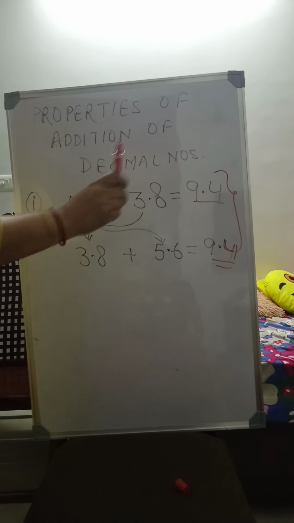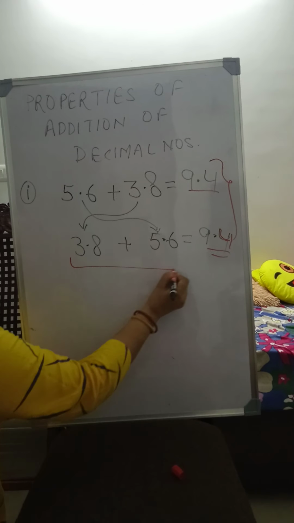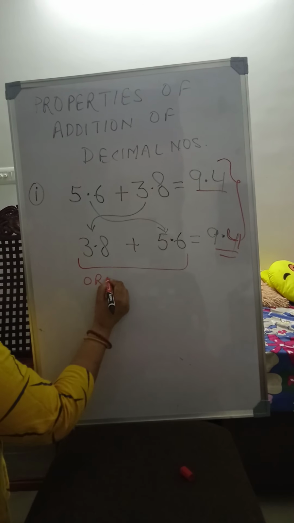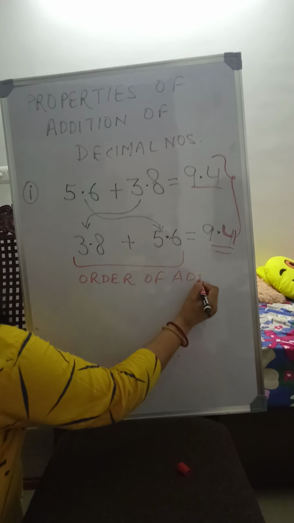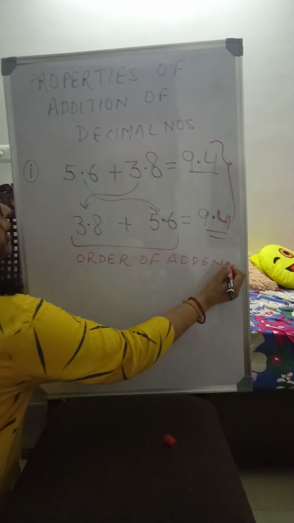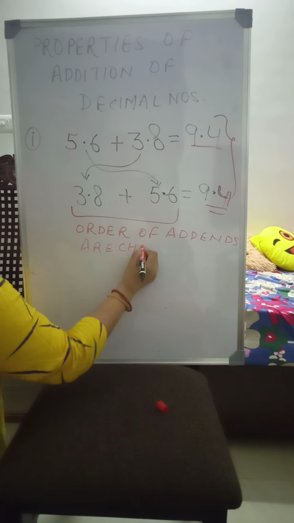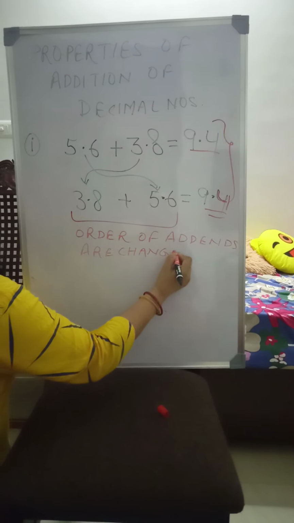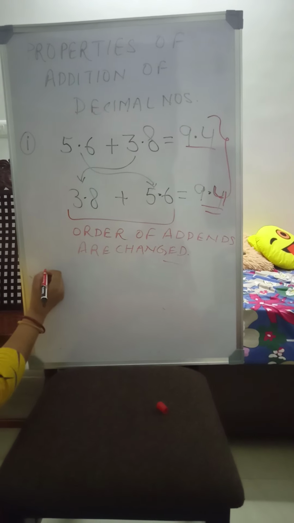So this is the first property. Here you see that the order of addends is changed. Right? Okay. So what is the first property?